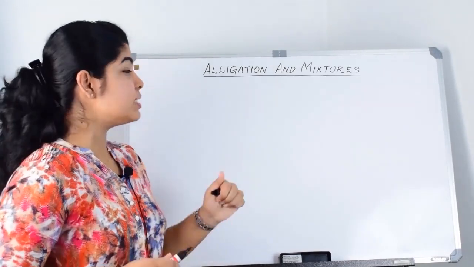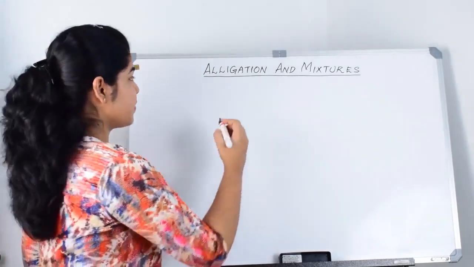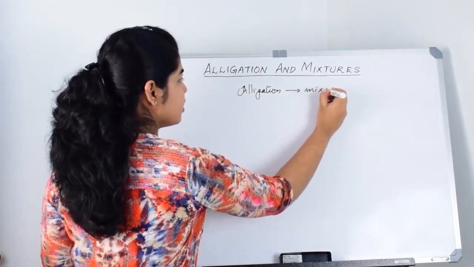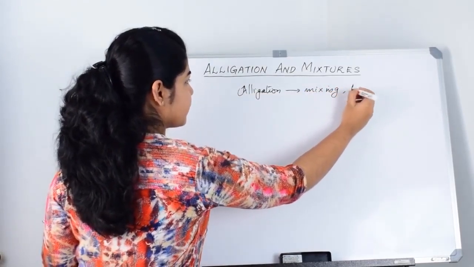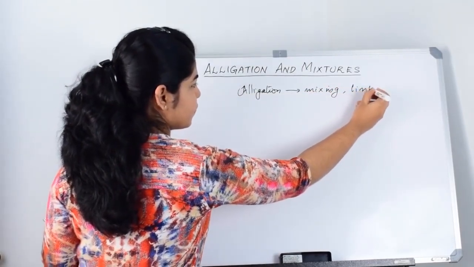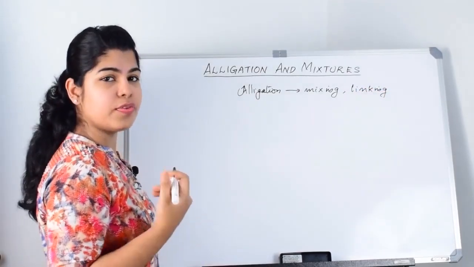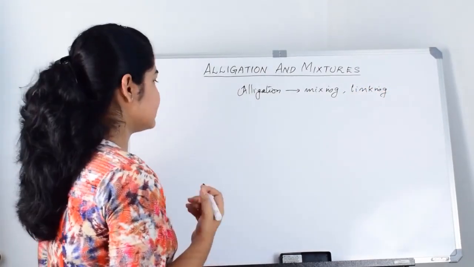So what does the word alligation mean? Alligation means mixing or linking. And where we are using the rule of alligation, let me explain with an example.